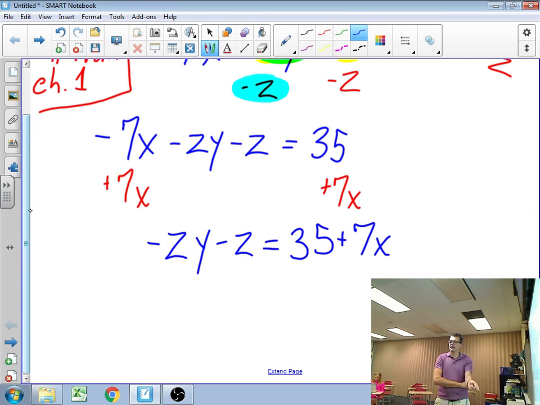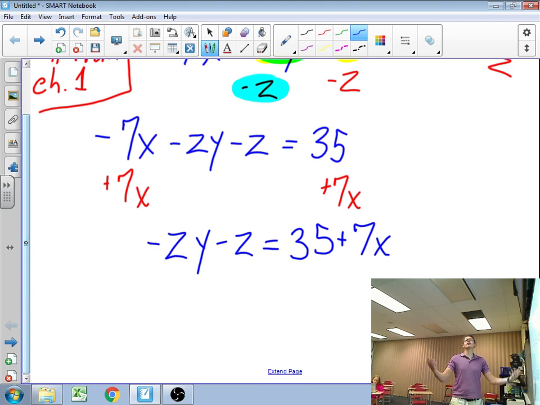How do I get the z out of both of these? How can I pull out one common thing from two different terms? What's that process called? Factoring.